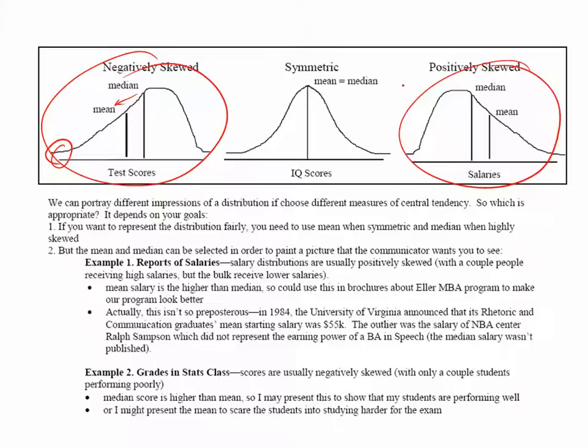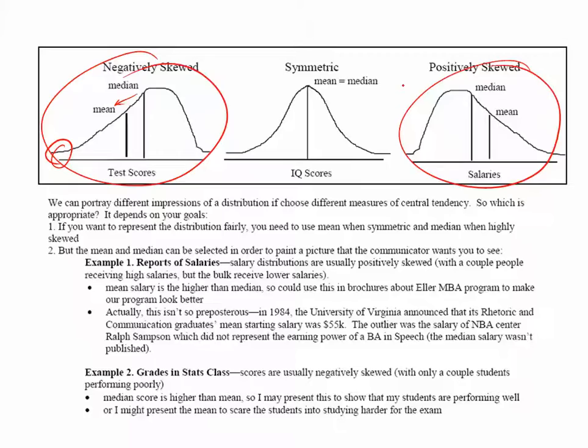So we can portray different impressions of a distribution if we choose different measures of central tendency. Which is appropriate? It depends on your goals. If you want to represent the distribution fairly, you need to use the mean when symmetric and the median when it's highly skewed. But the mean and the median can also be selected in order to paint a picture that the communicator wants to see.